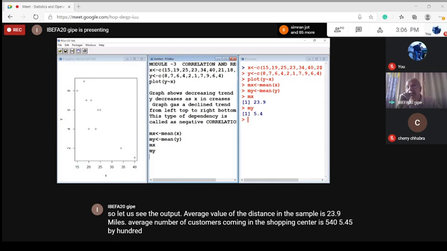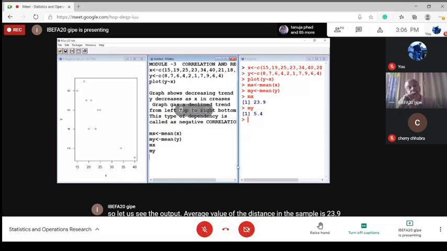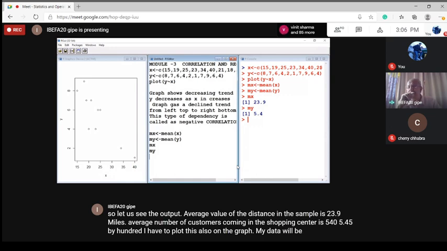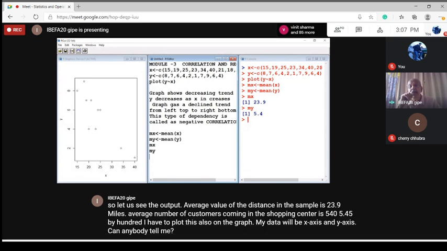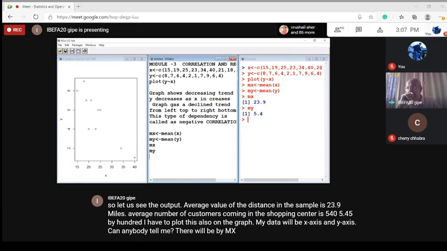I have to plot this also on the graph. My data will be on the x-axis and y-axis. Can anybody tell me where will be my mx? Is it on the x-axis or y-axis? Anyone? On the x-axis, sir.